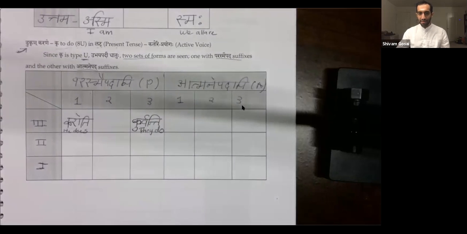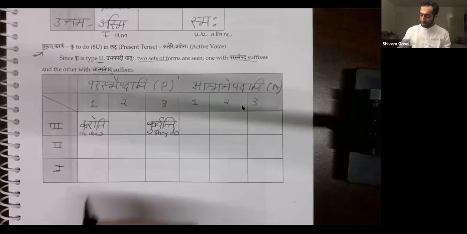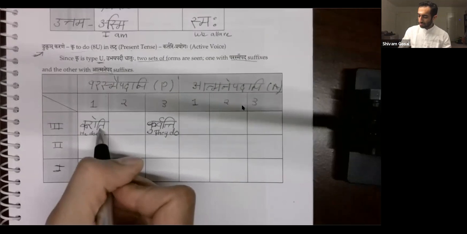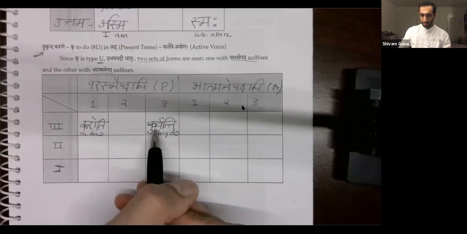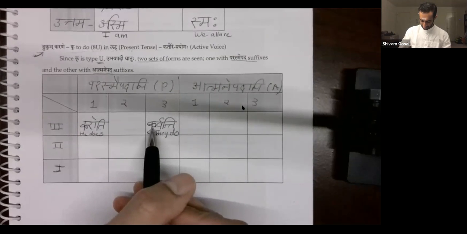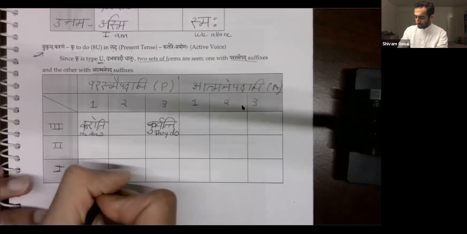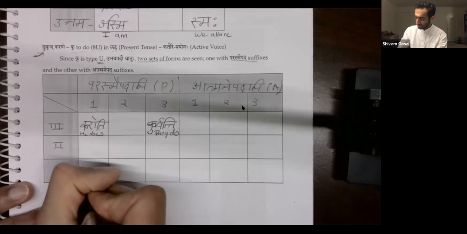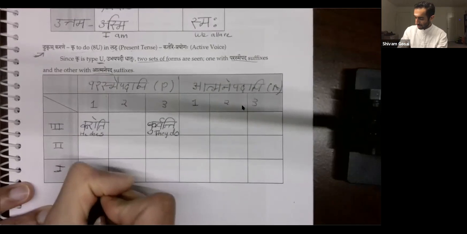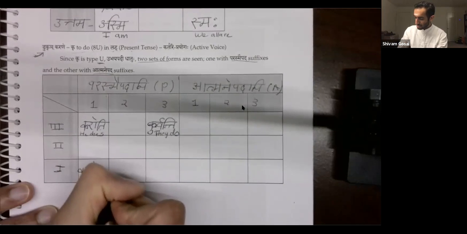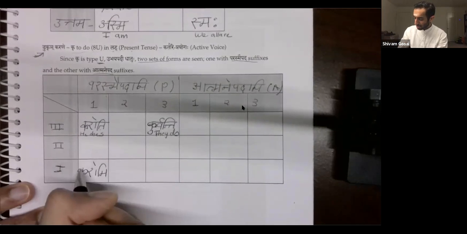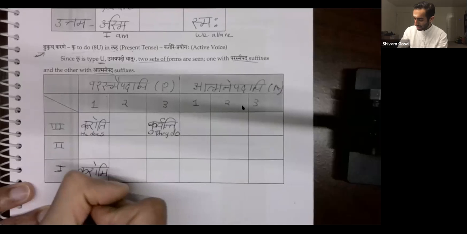So again, you'll see this very commonly: karoti and kurvanti. Karomi is uttama purusha ekavachanam, I do.